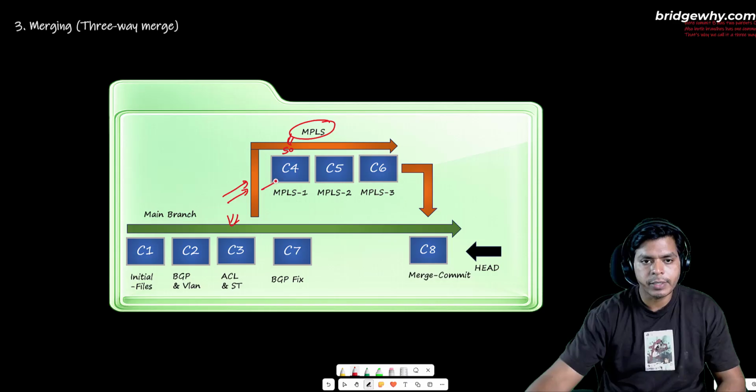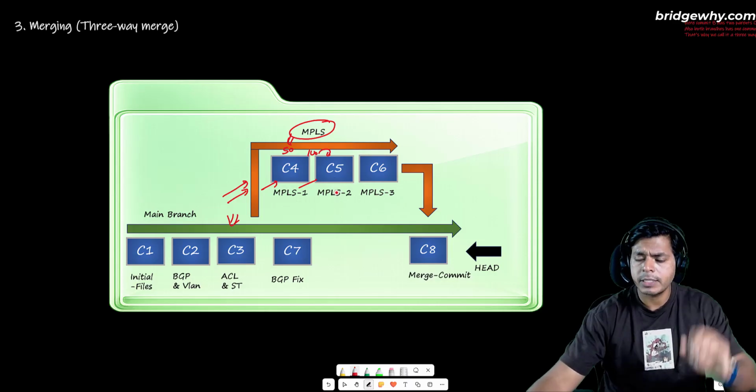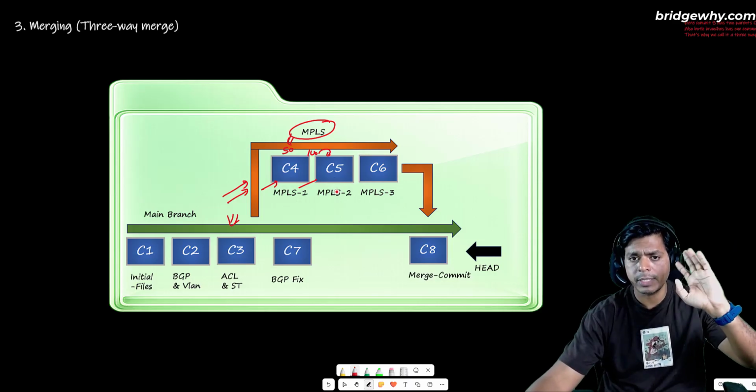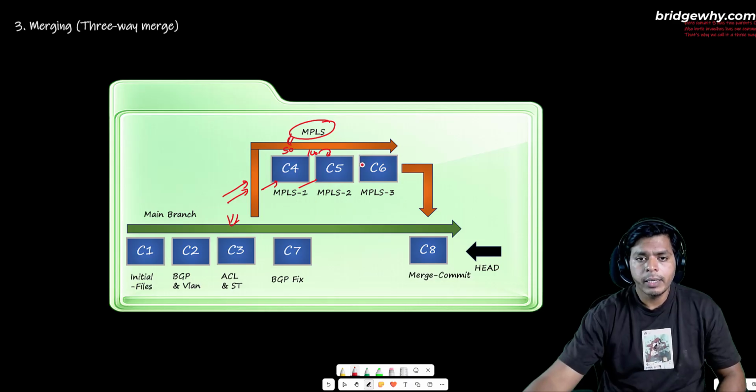I created C4. Then I put 100 lines, and then I created the C5 commit. The staging and everything process is exactly the same. Then I put the last 50 lines of code, I tested, and C6 is my final configuration of MPLS, and I am 100% sure that C6 is something which I would like to merge.